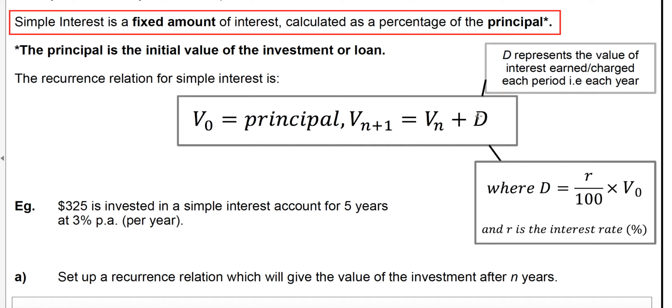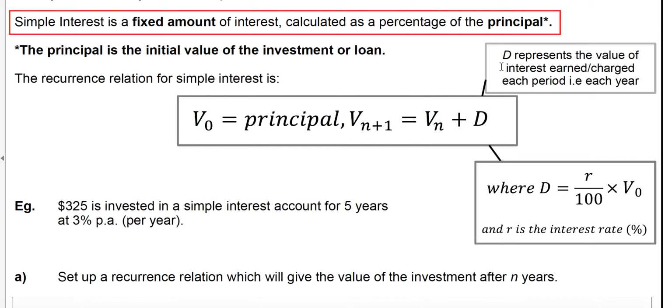Now, that amount that's added is always a percentage. This is the amount that's being earned or the amount that's being charged for each time period. Now, often we talk about it in years. So in this case, it would be, say, the amount that you're being charged every year or the amount that you're earning every year. And it's fixed, so it's the same amount.